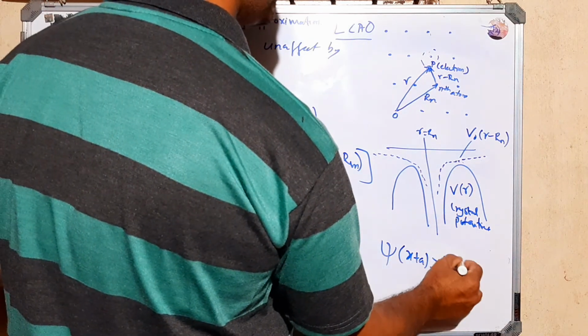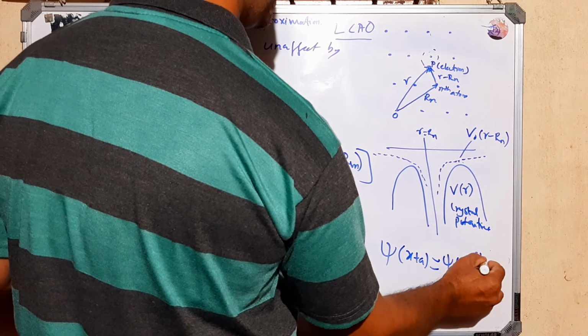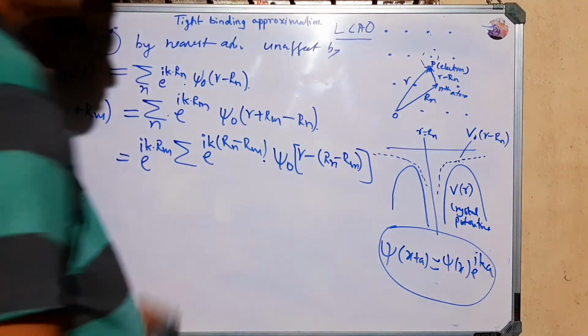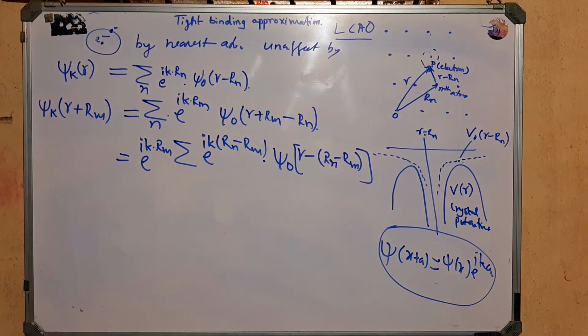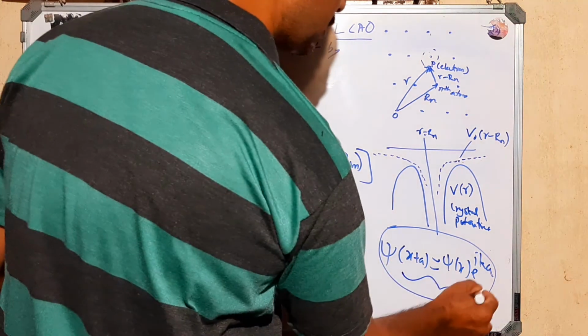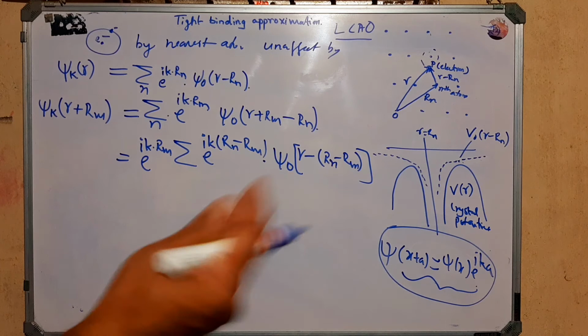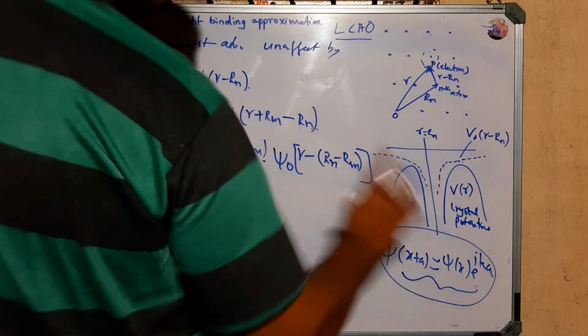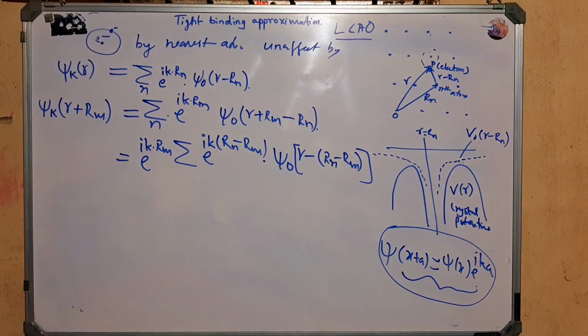Xi of x into e to the power i k a. So we have used, right? If the Bloch theorem is satisfied, this expression holds good. If you have forgotten, just turn back your notes and check this step. I am making use of the same concept here.